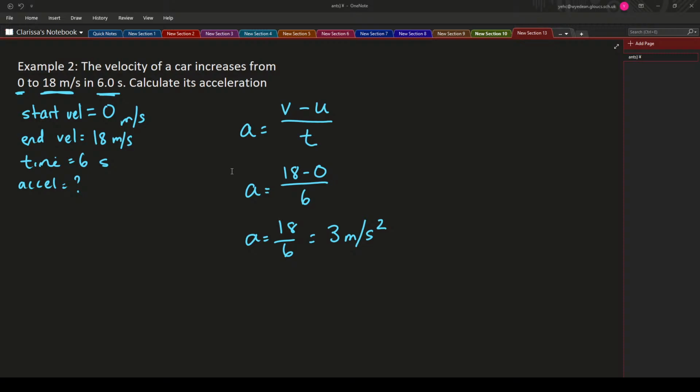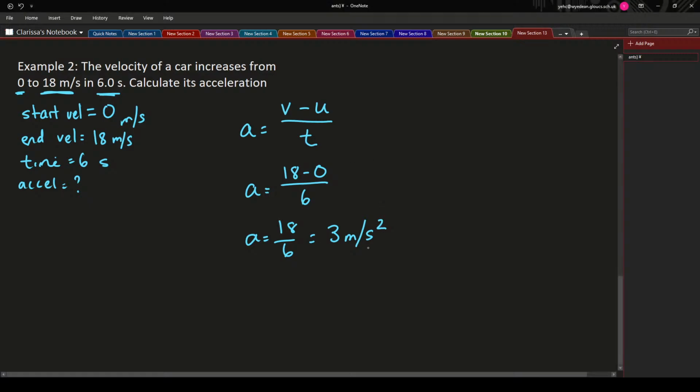The main tricky thing about the acceleration, where students go wrong, the most common thing I see, is being tripped up over the unit and forgetting that the unit does have a squared in it, because some students then think, oh, I'm going to have to square root this 3 in order to get the acceleration. No, no, no, no. You don't need to do that. You can leave it as m/s squared. That's just a unit for acceleration.